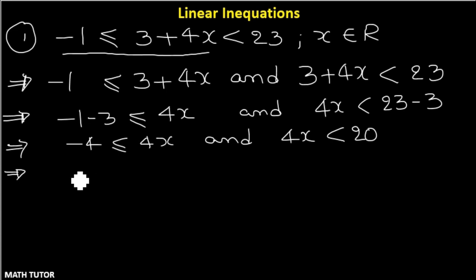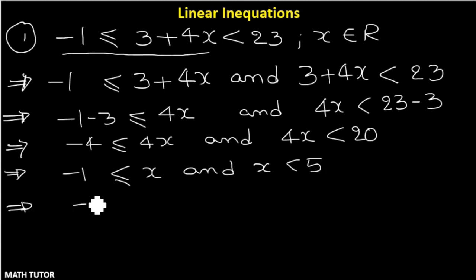Further solving, minus 4 by 4 gives minus 1 less than or equal to x, and x less than 5. So minus 1 less than or equal to x less than 5. This is how we are going to solve it.